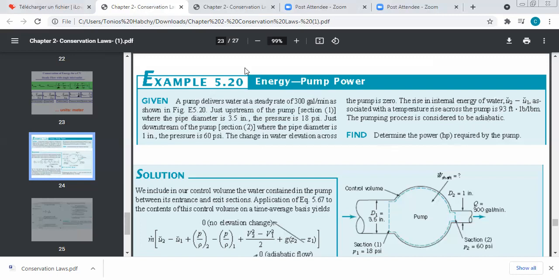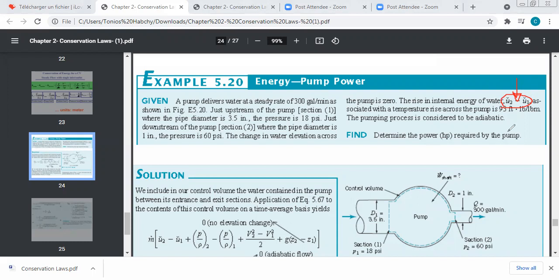So look here, this is an example where we have a variation in internal energy. If we have a variation in internal energy, they should give it to us, or they should give us what is delta T, and we go to tables to find the corresponding change in internal energy. As I told you, for the majority of applications, this change is negligible.